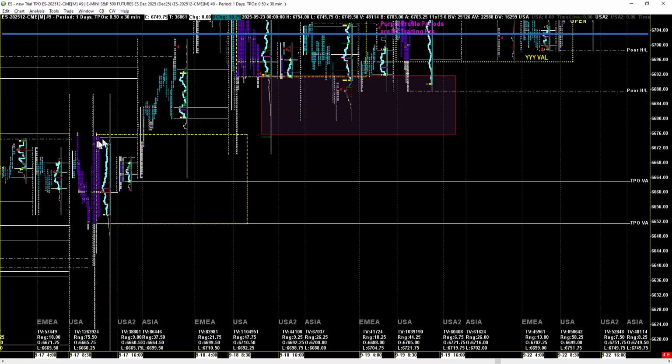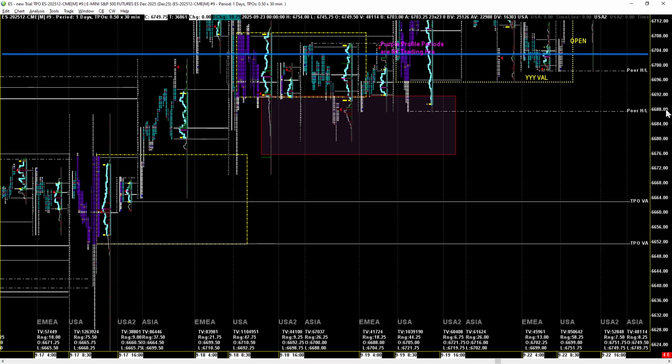We did test value back, but we never really traded in here. So there's not a lot of support in this area. This was the last little touch of lows when we said if we're coming back, we need to pay attention in here.